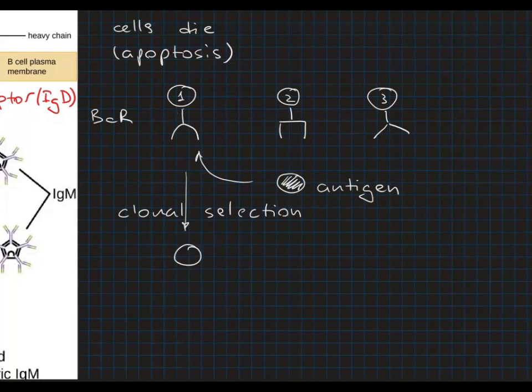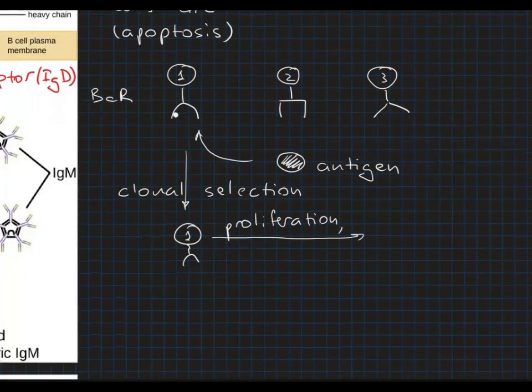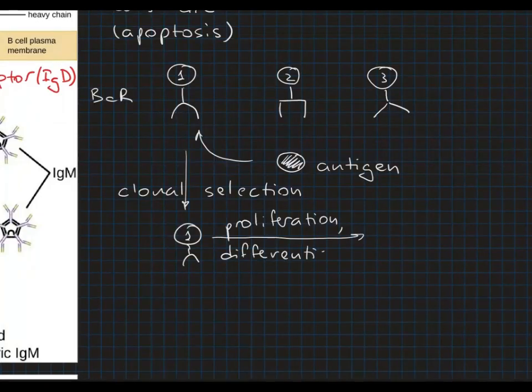So these B cells become chosen, and they go through proliferation. What does that mean, proliferation? Yeah, a lot of them. And also differentiation. What does that mean, differentiation?